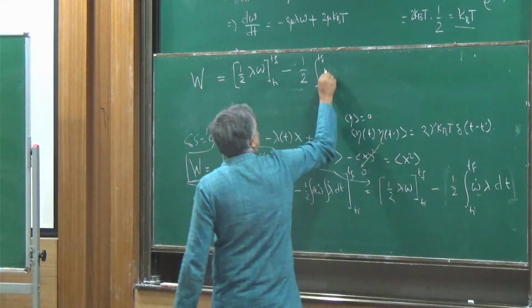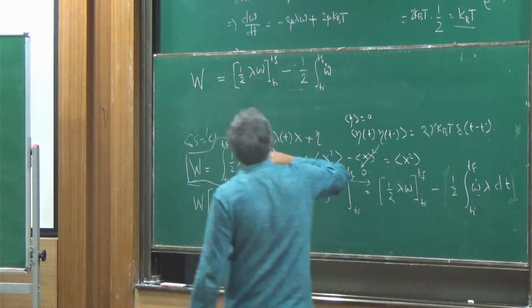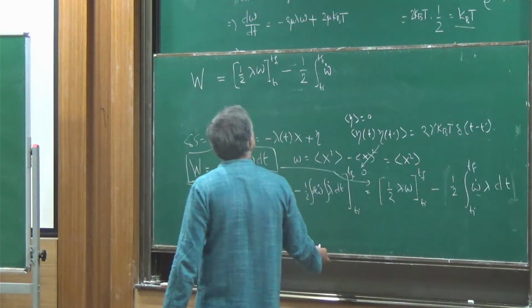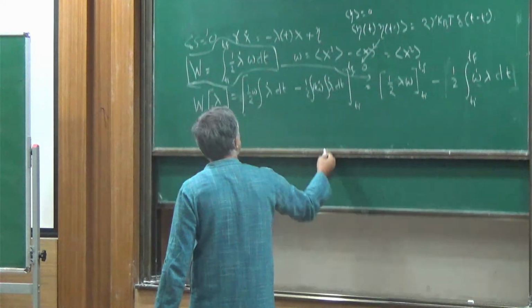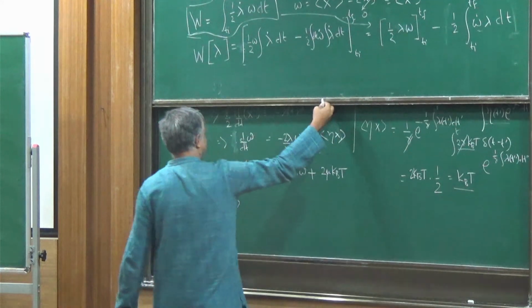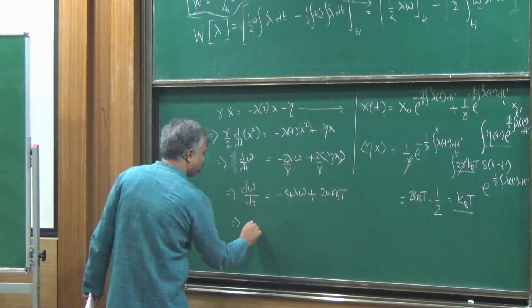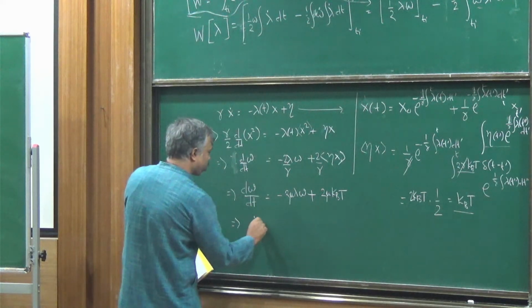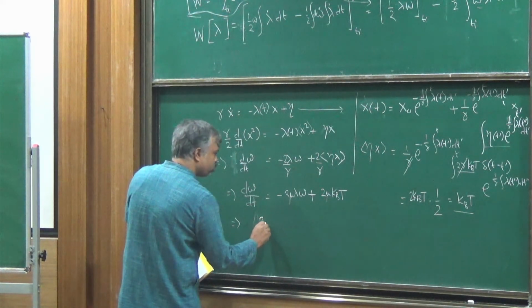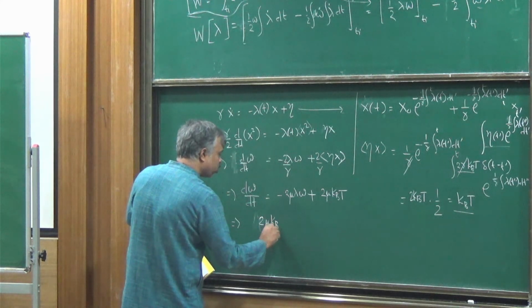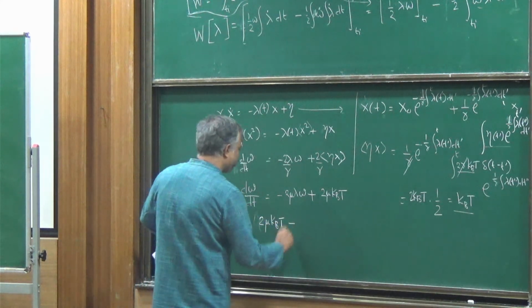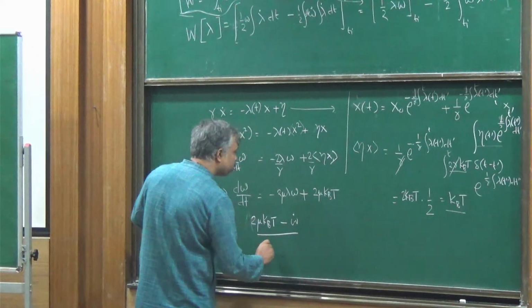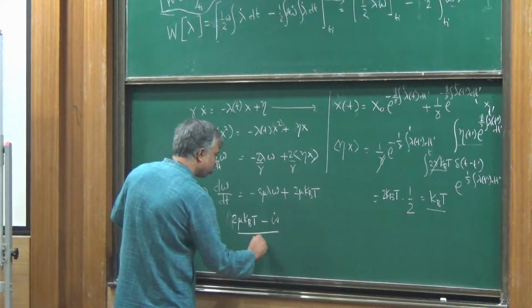Omega dot is there. I will replace this lambda. So what is lambda here? Omega dot, mu kBT minus omega dot by 2 mu lambda.